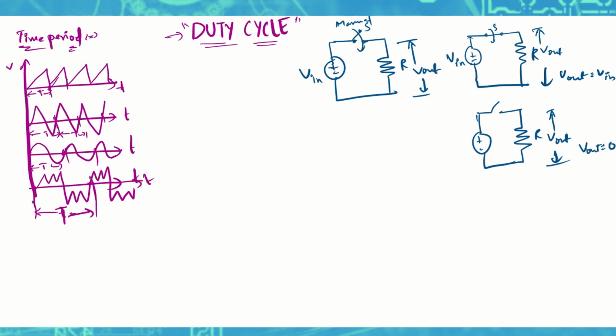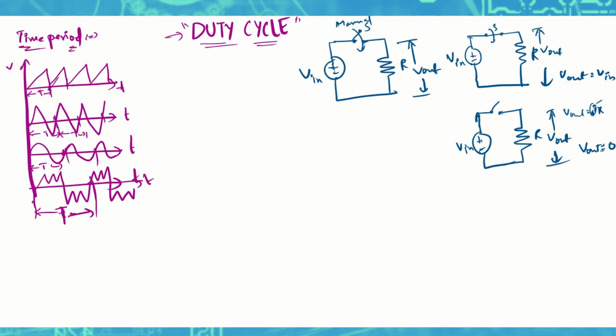The voltage across the load is going to be 0 because when the switch is open, there is no closed path for the current. All the voltage that you are applying, V in, you can see across this port. So the current is 0 and V out is nothing but I times R. So the current is 0, and for any value of resistor, the output voltage is also going to be 0.